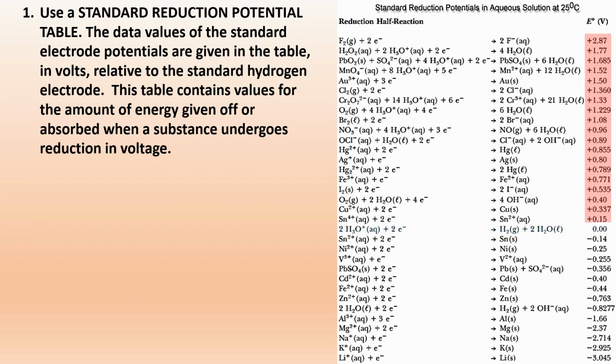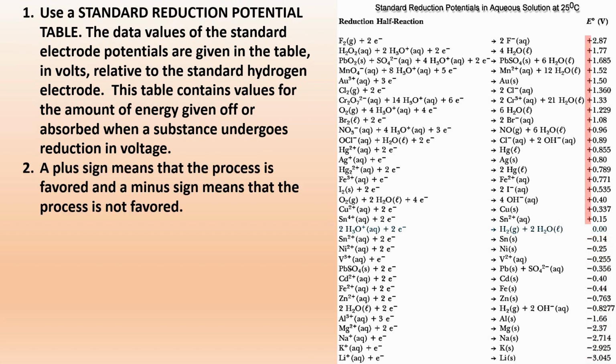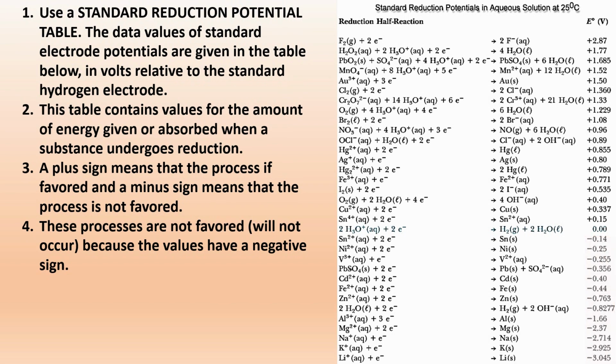This table contains values for the amount of energy given off or absorbed when a substance undergoes reduction in voltage. A plus sign means that the process is favored, and a minus sign means that the process is not favored. These processes are not favored or will not occur because the values have a negative sign.